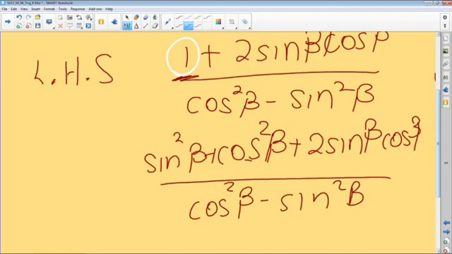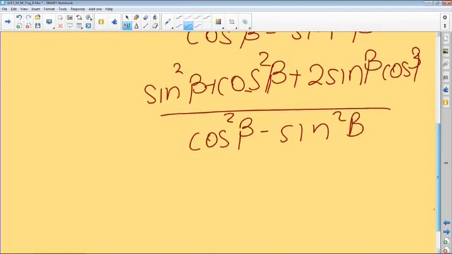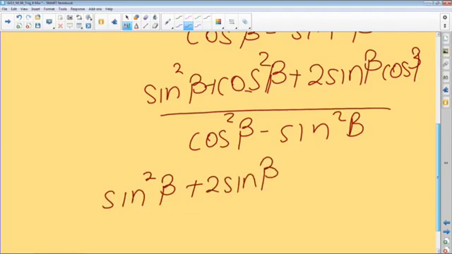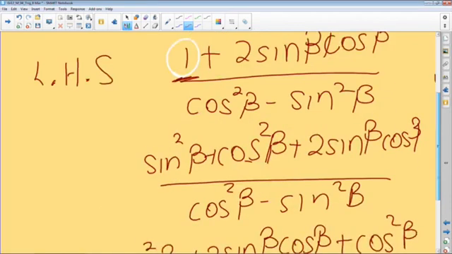Okay? Now I've got sine squared plus cos squared. I'm going to just rearrange that in the numerator so it's easier for you to see. So it's sine squared beta plus 2 sine beta cos beta plus cos squared beta. Okay, so it's easier for you to see the trinomial that's hidden in there.